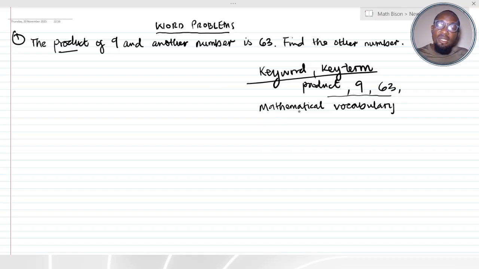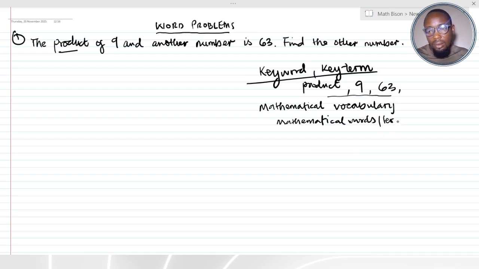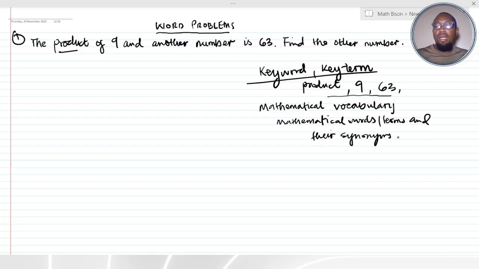And in this case, what do I mean? You need to know the synonyms, you need to know mathematical words or operations, mathematical words or terms, and what? Their synonyms, and even the antonyms.